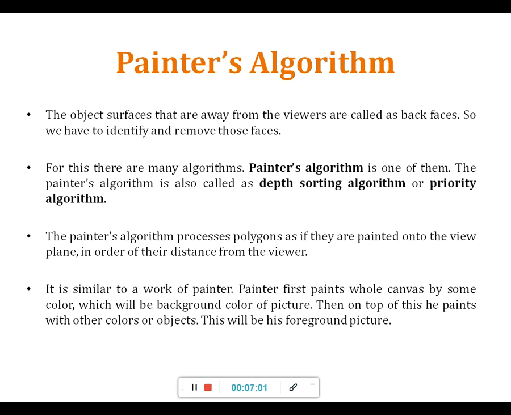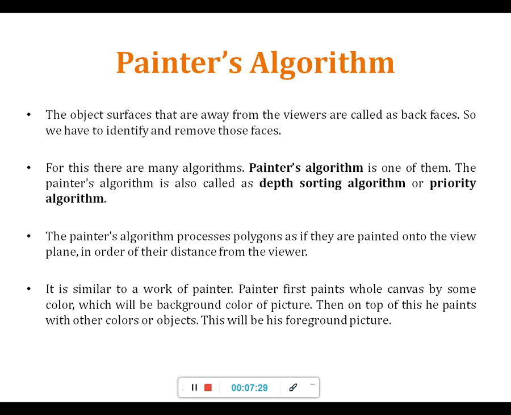So what is meant by priority, what is meant by depth sorting, what is meant by the painter? They use the concept of depth over here. We are taking this as priority based, meaning we are assigning priority to some values, or using the technique of painters, the way they paint a house, the way they paint a wall, that technique we are going to use.